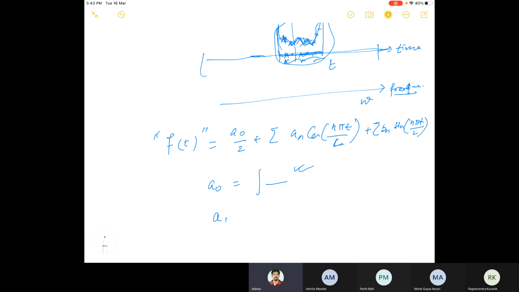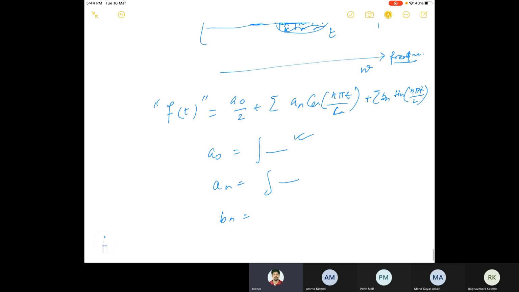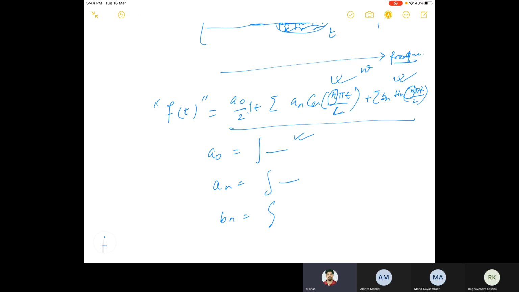This is the same thing as what we are doing for quantum, because this is also a linear combination of these functions: cosine, sine, where n is varying, and a constant function which is one.